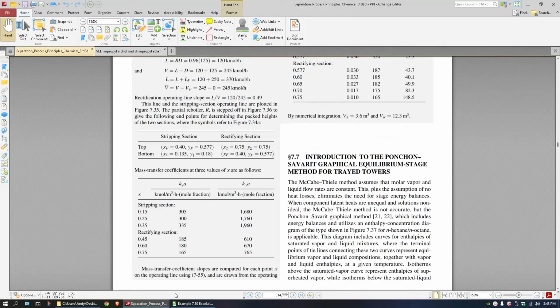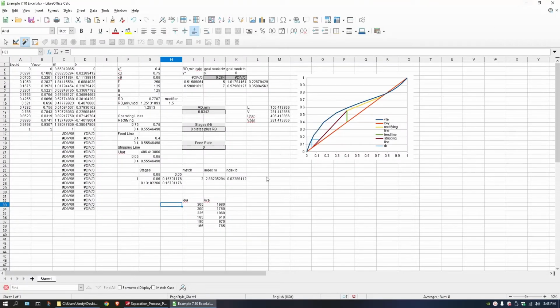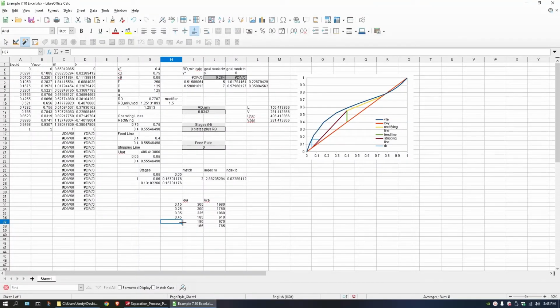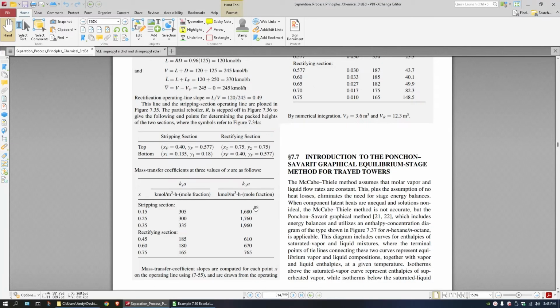This would be for 0.15, 0.25, 0.35, 0.15, 0.25, 0.35, 0.45, I believe, 0.6 and 0.75. So these are our X values.